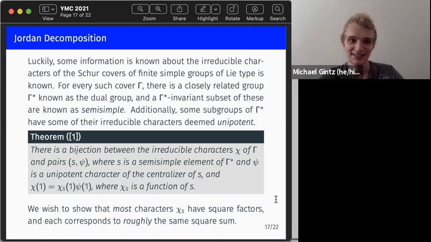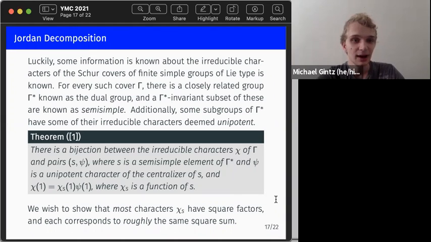And there is a subset of this, which are known as the semi-simple conjugacy classes. And this is particularly fruitful when these finite simple groups are of classical type. And some subgroups of these duals have some of their irreducible characters deemed unipotent. We won't go into this exact definition, but we will show why these are interesting.